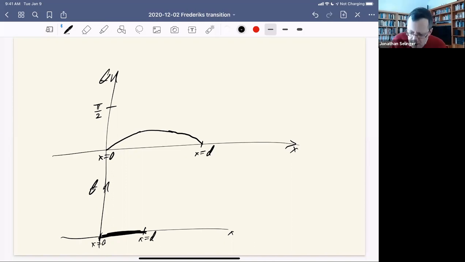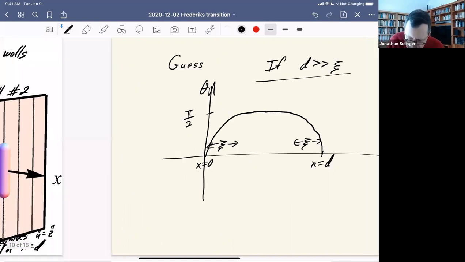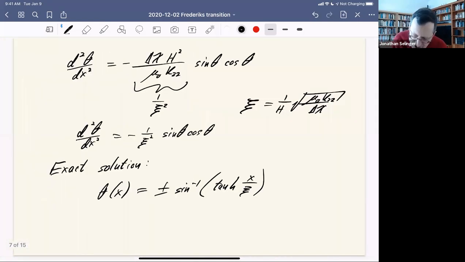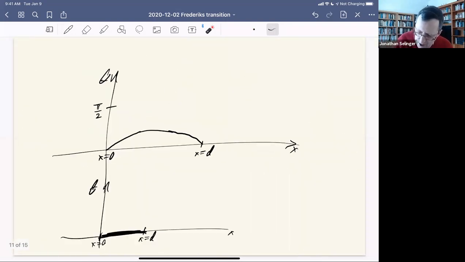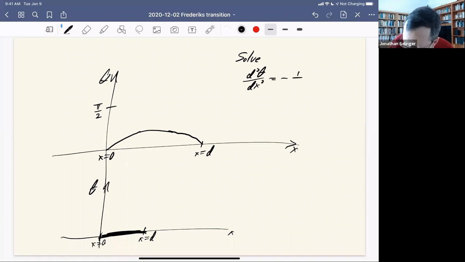That is, we want to solve the differential equation, right? We still have the same differential equation. We still have this equation, okay? So I'll say, let's solve the same differential equation, with sine theta, cosine theta. But now there are two boundary conditions.